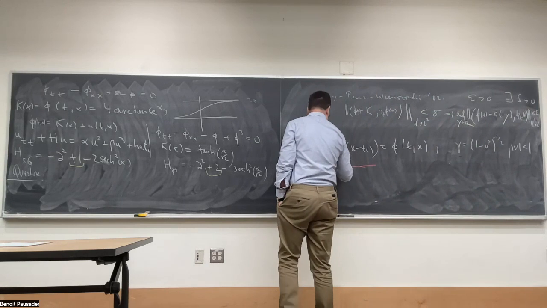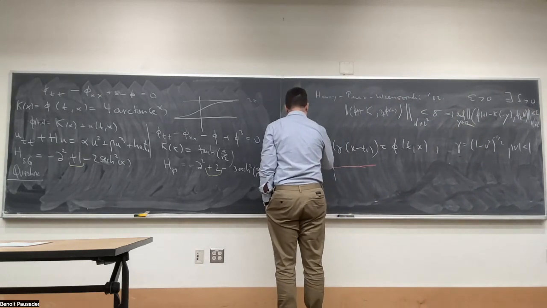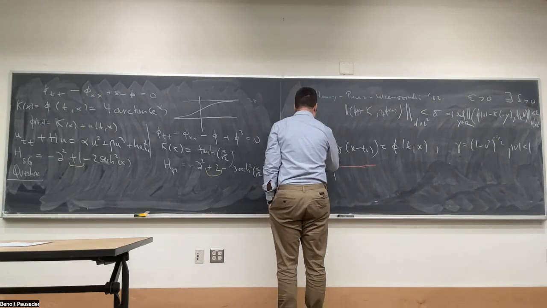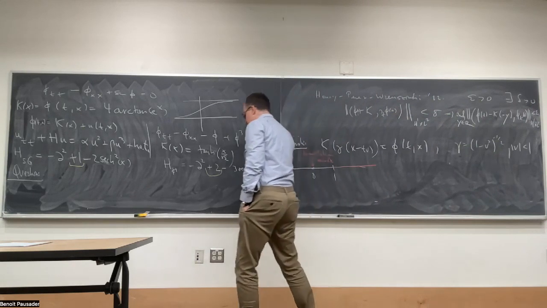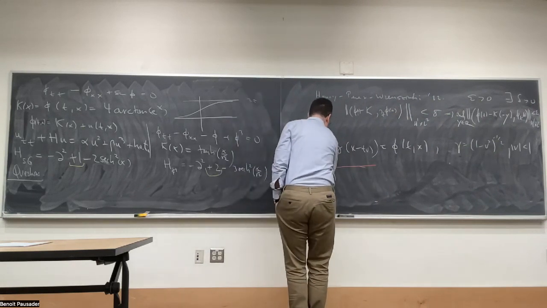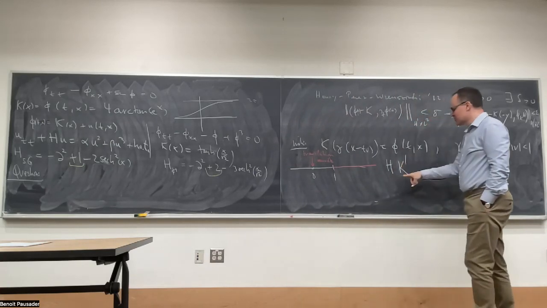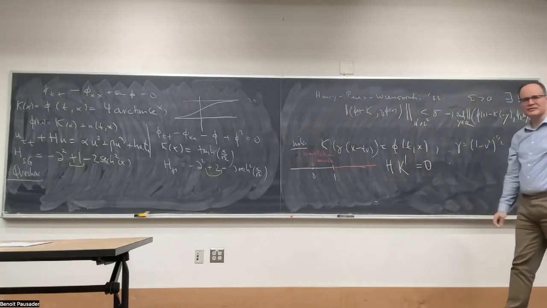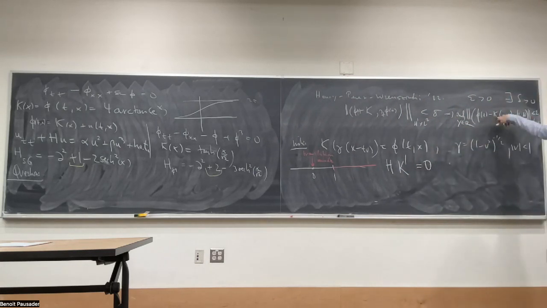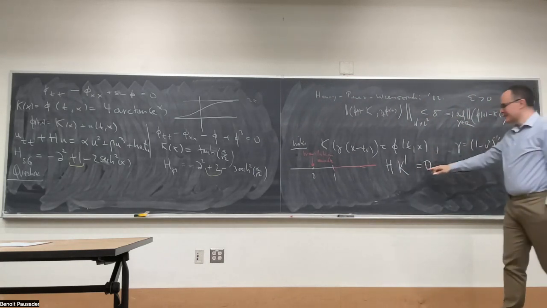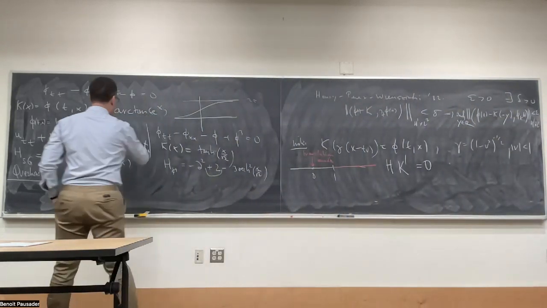So here is the continuous spectrum starting at 1. Here you have the translation mode. And what does that mean? Well, it means that if you have a kink, then the linearized operator applied to K prime is 0, because K prime is just what you get when you differentiate this in X. Can you do this in your heads?